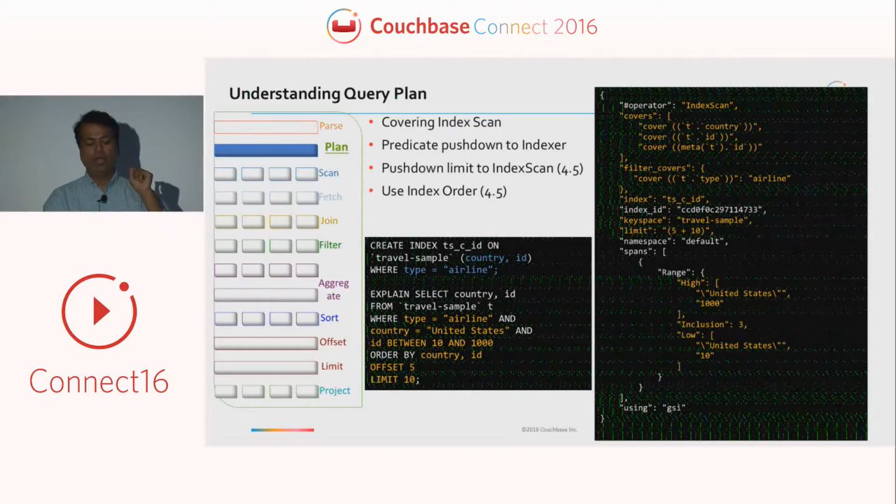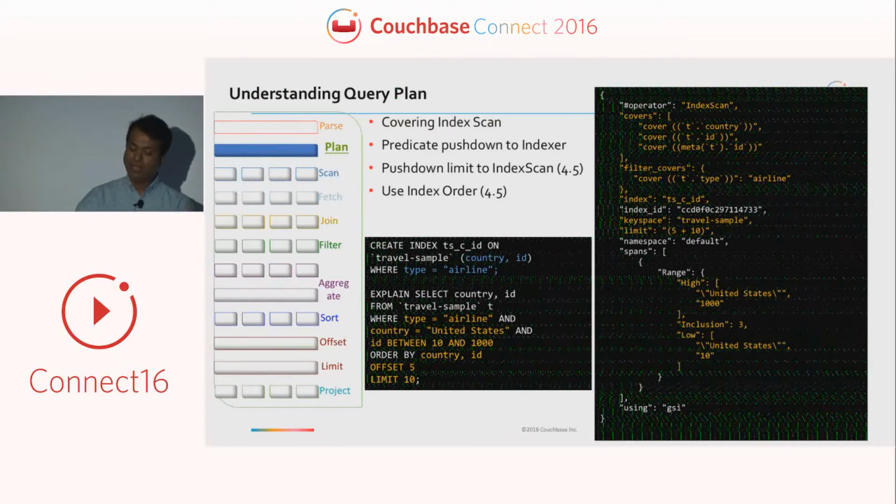So when you have an index like this, we first look for the predicate type equals airline within your query to select this index as one of the options for the plan. Let's look at the query here. The query has type equals airline, so there is a match. We don't require a perfect match.